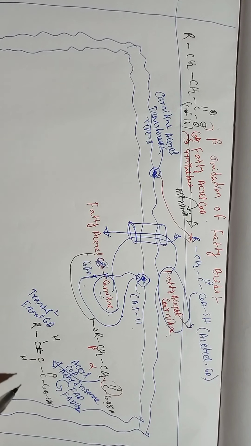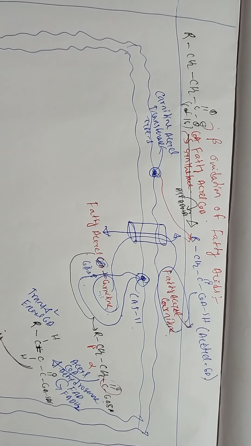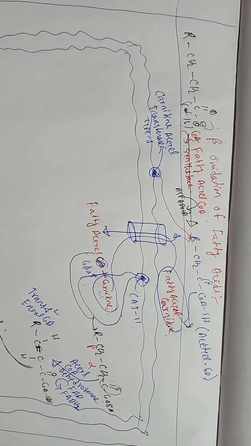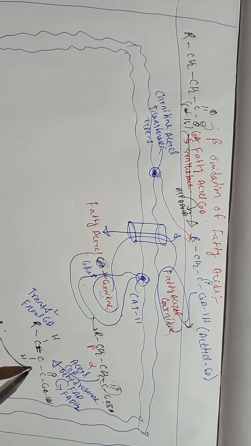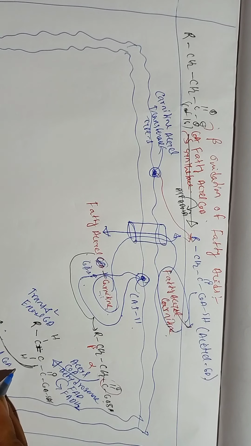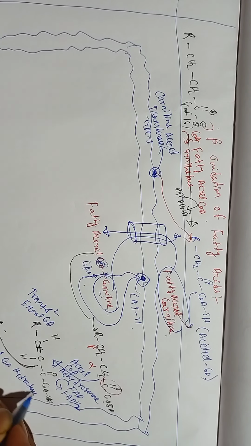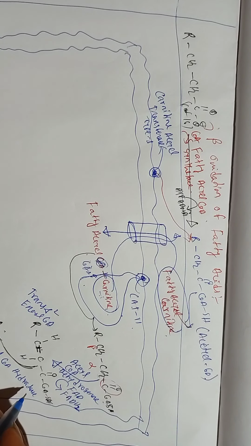One more enzyme will act on it. What is the name of the enzyme? Enoyl CoA hydratase. You can understand from hearing the term that there should be something to do with water molecules. What will happen?